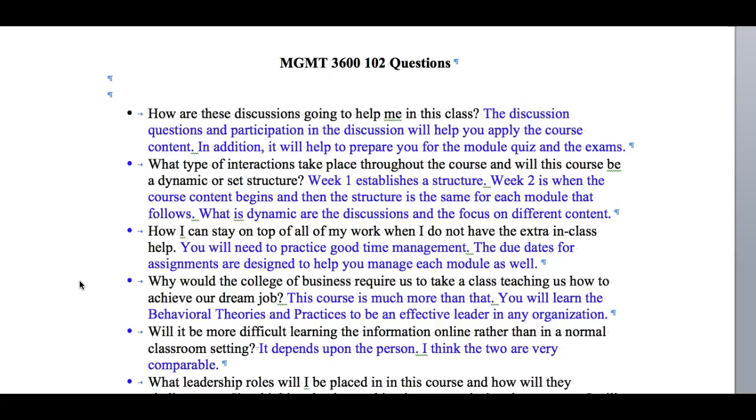In other words, you're learning the fundamentals of organizational behavior, groups and team dynamics, human resource management, decision making, motivation, and leadership. That's why they would require the class. This content is critical to being an effective leader in any organization.